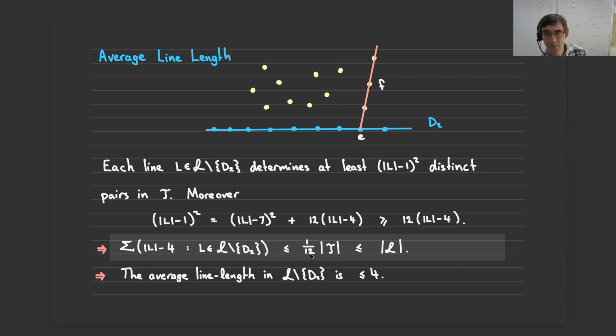And that's going to give me, based on this observation up here, at most a 12th the number of pairs that we got, the total number of these special pairs. And the number of special pairs is at most 12 times the number of lines. And so the sum of the line lengths minus 4 is less than or equal to the number of lines. And that tells you that the average length of one of those lines is at most 4.